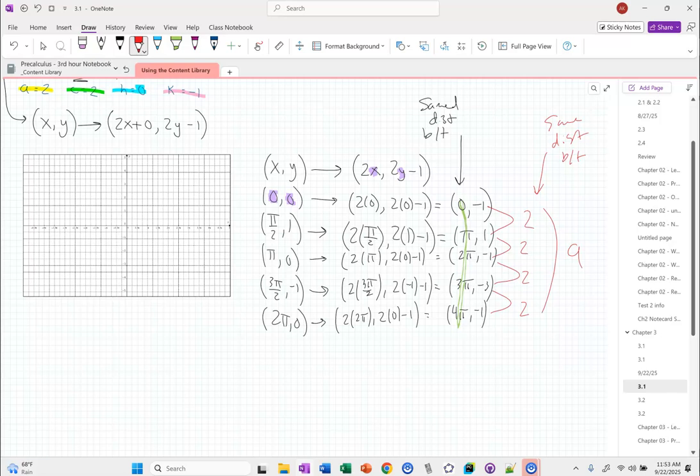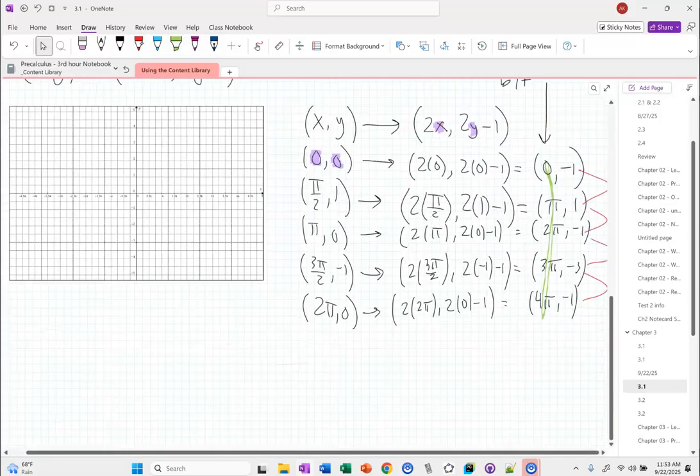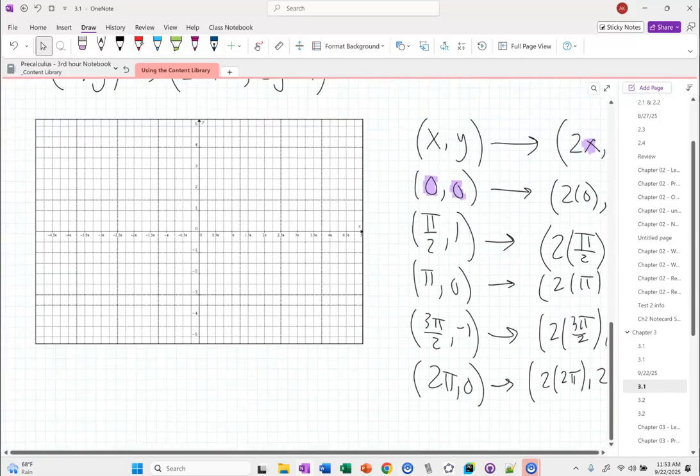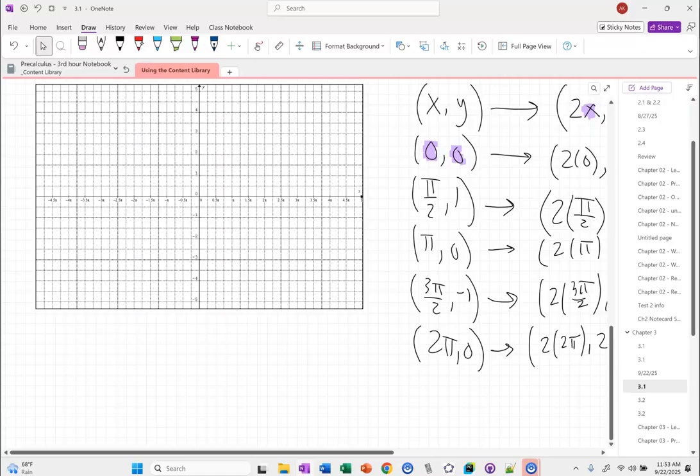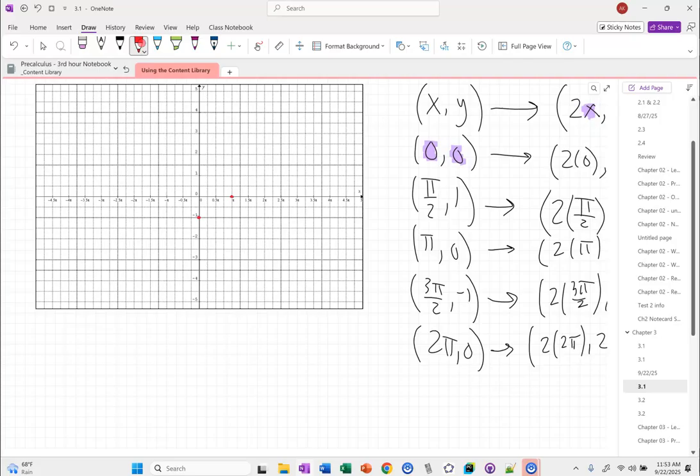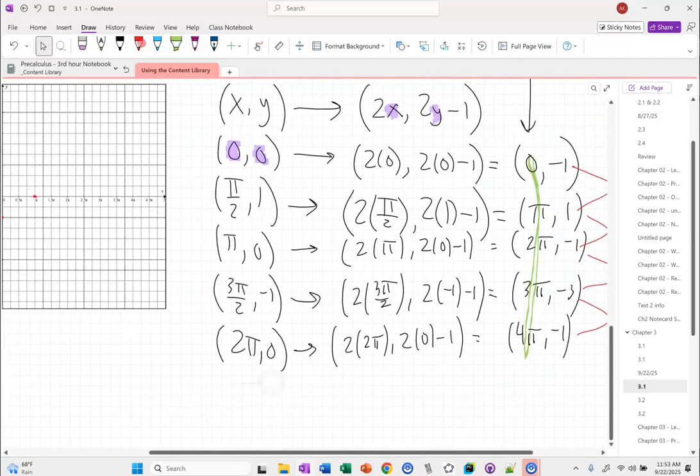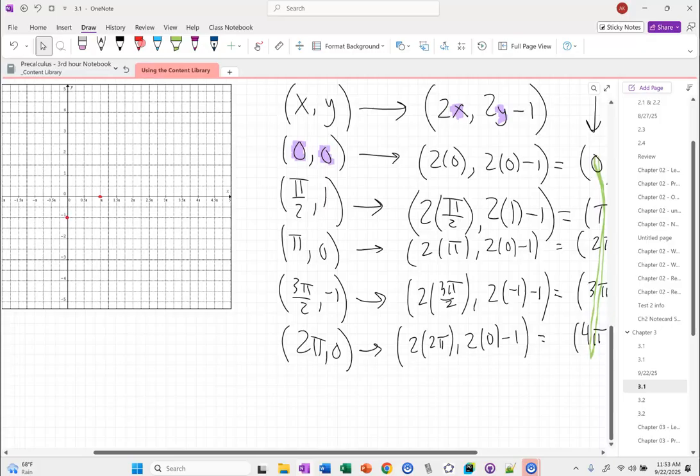What I'm going to do now is plot these points. So I have 0, -1, and then I had pi, 1, and 2 pi was... no, negative, and then this was pi, +1. There we go.